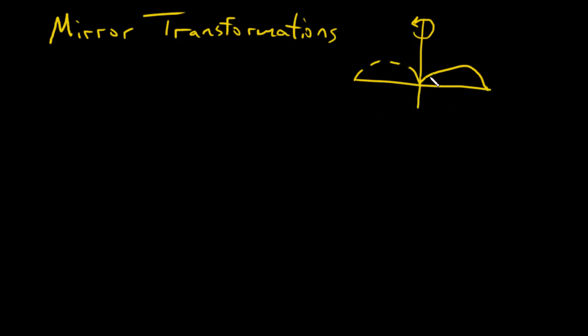The other one, as you can imagine, instead of flipping across the y-axis, I'm going to flip across the x-axis. So this one is one of the types of transformations, and this one is going to be a different one. So let me put it like this. And then let's say I had a function that was, I don't know, maybe that.